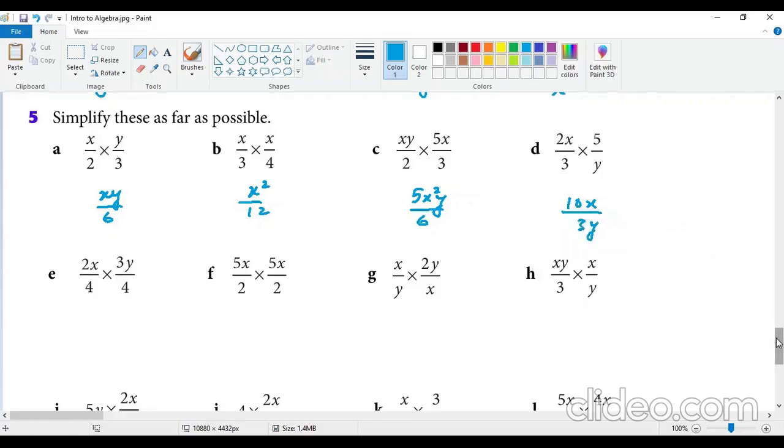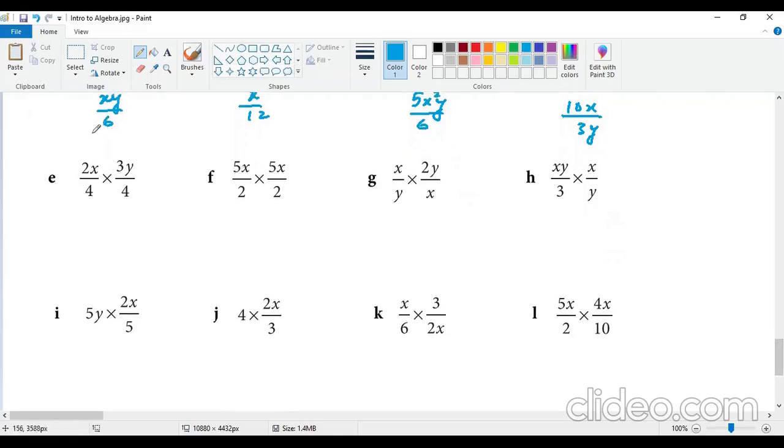This type of question, you know very well that this 2 can be cancelled by this 4, and this will give you 3y over 8 as an answer. In here, you have 5 times 5 is a 25, x square over 4. This one will give you x will be cancelled with x, and y will be cancelled with y. So 2 is going to be your final answer.